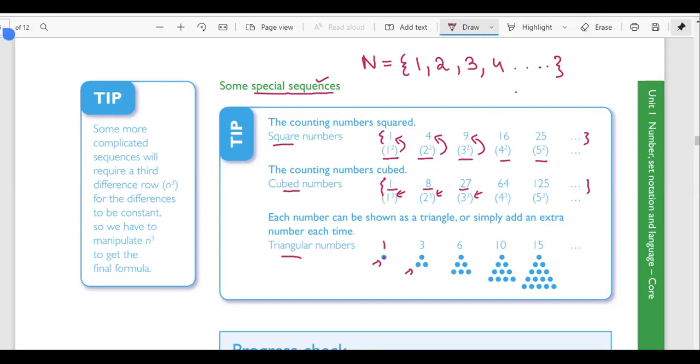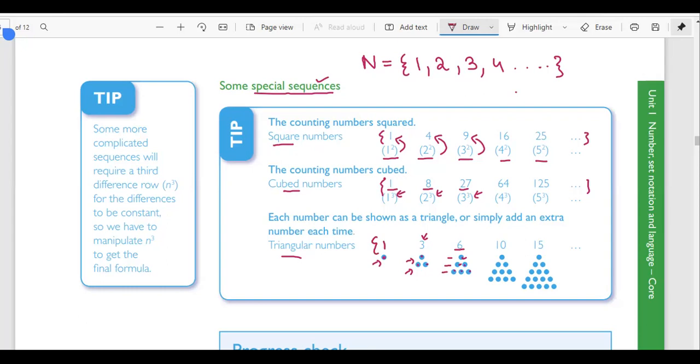In this triangle, we have two levels, so we need 1 and 2, and the next number is 3. Then in the third triangle, we have three levels, and we need 1, 2, 3, 4, 5, 6 dots. So 6 is the number. This set of 1, 3, 6, 10, 15 is called the set of triangular numbers.